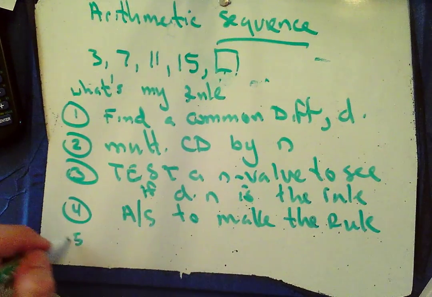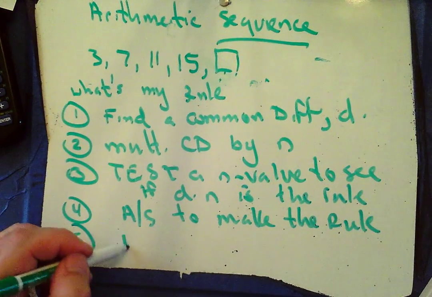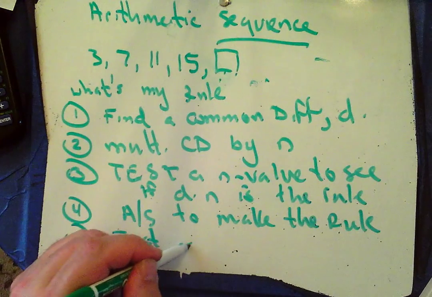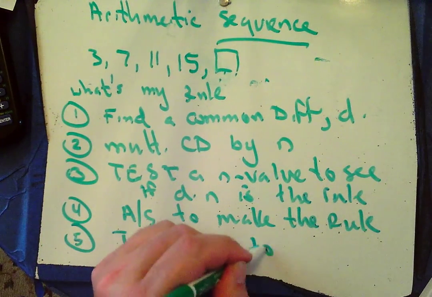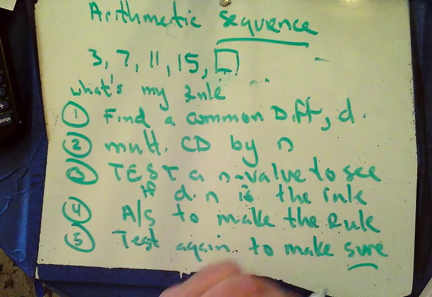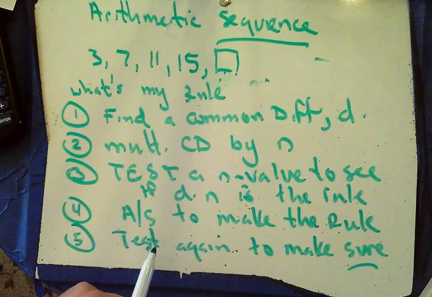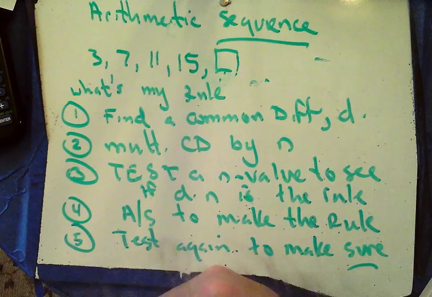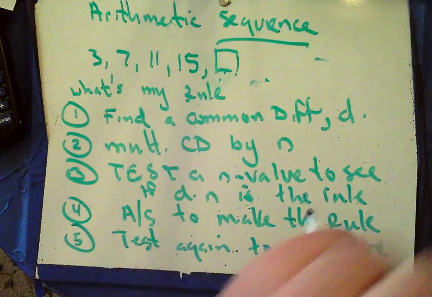I encourage a fifth step where you test again to make sure. Too often, students make mistakes when adding or subtracting, and then their rule is wrong. So I would encourage you to do this step 5.